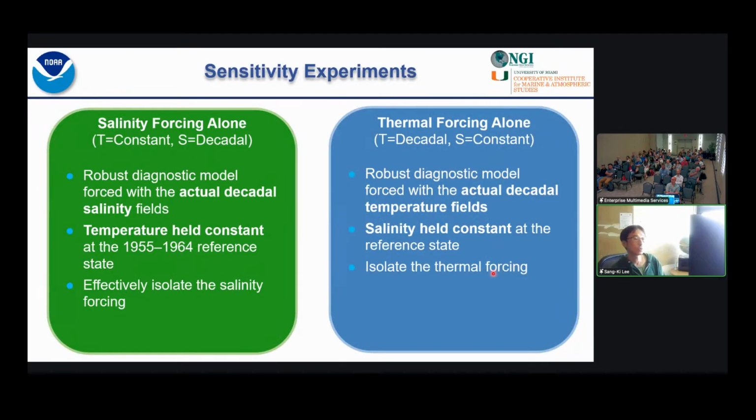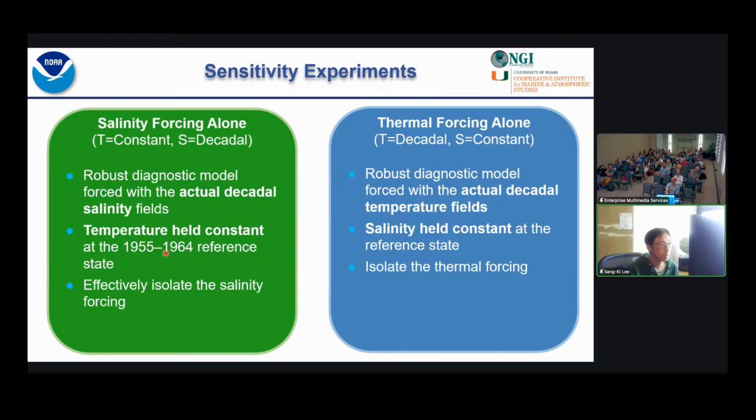Okay, so to further understand the role of salinity versus temperature in these interdecadal AMOC changes, we carried out two sets of sensitivity experiments. In the first set, the model was forced with the actual decadal salinity field, so salinity changed with time.